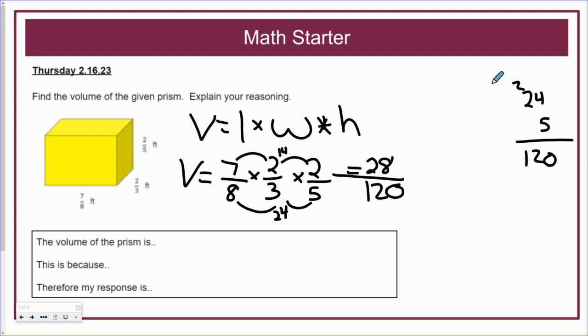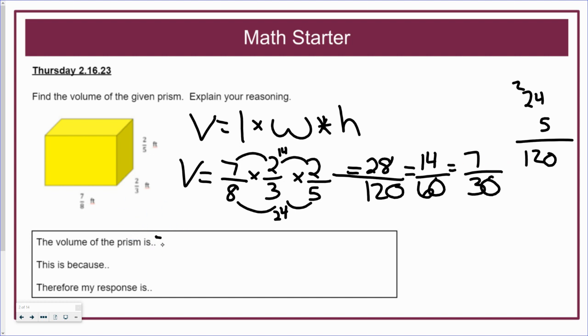Again, over here, 5 times 4 is 20. 5 times 2 is 10, plus 2 is the 12. 28 over 20, both of those can be divided by 4 to give us, actually, let's start by dividing by 2. 14 over 60, divide by 2 again, gives us 7 over 30.